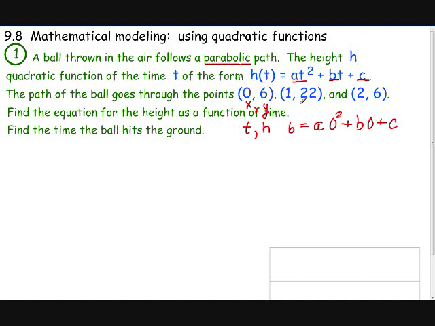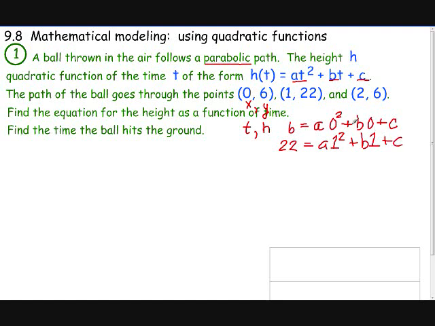Our next point tells us that the function is worth 22, so I'm going to put 22 here. And that's when we've got t squared, which would be 1 squared, plus b times 1, plus c.